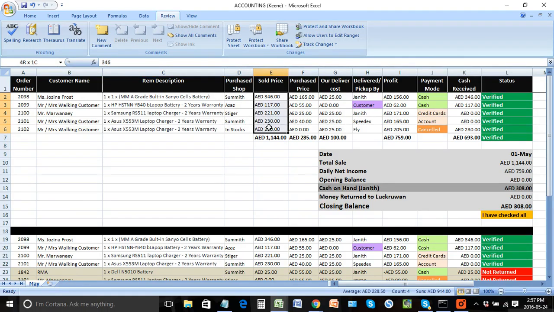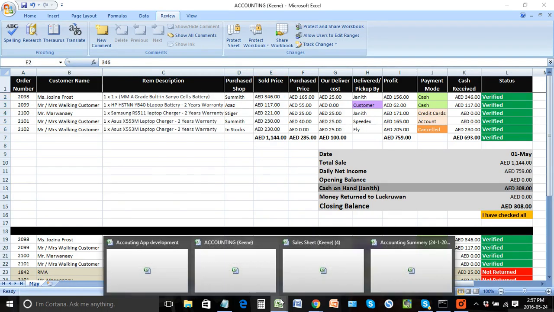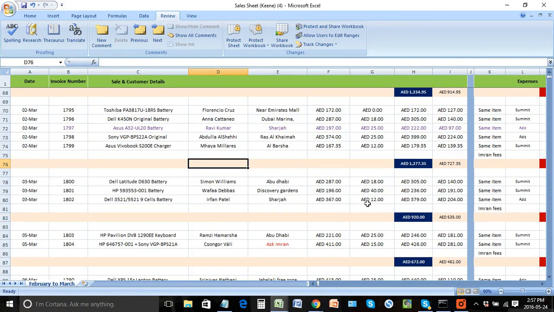Here the sold price. Previously we had two columns here. We had the sold item price, the delivery charge we charge the customer, and the total. So as you can see, this is the item price, this is the delivery charge we charge the customer, and this is the final price.